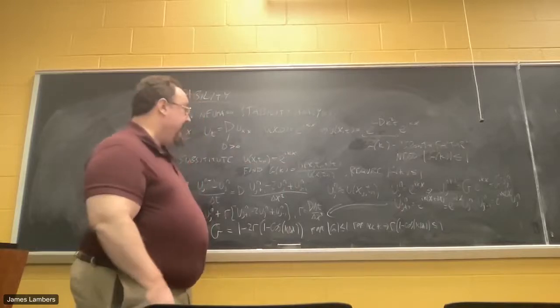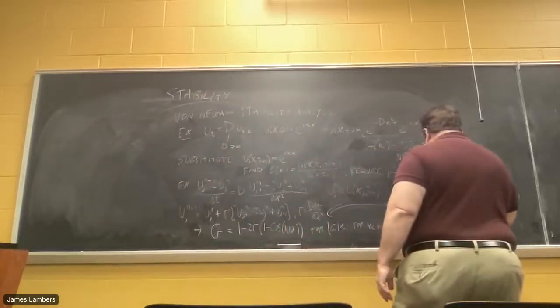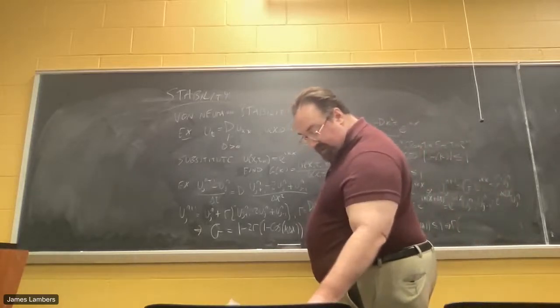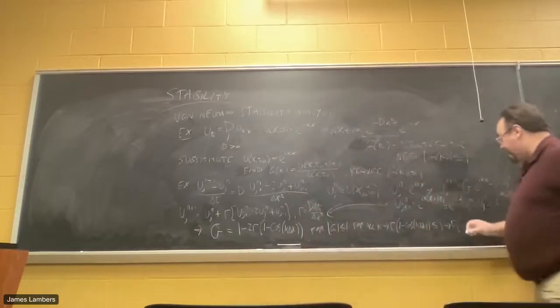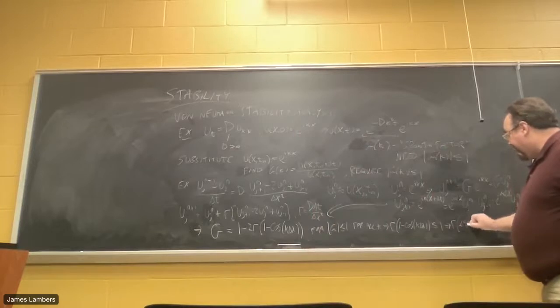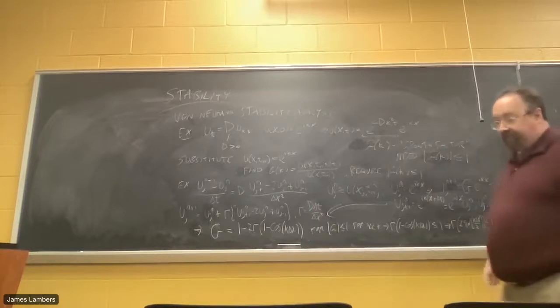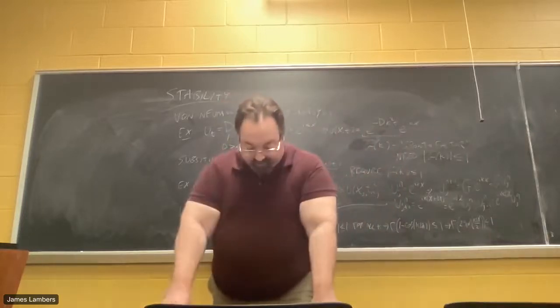Using a half angle identity, the 1 minus cosine is the same as 2 sine squared (k delta x over 2), so this must be less than or equal to 1.